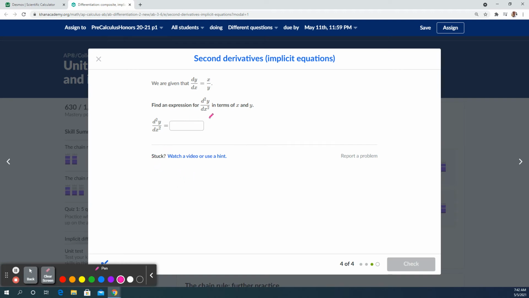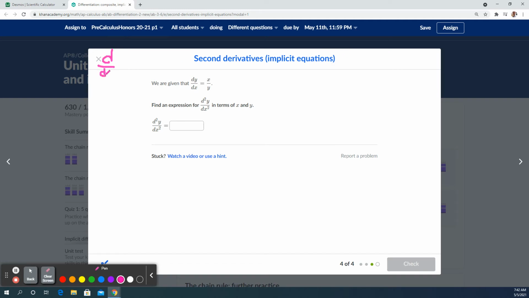Find an expression for d2y/dx2 in terms of x and y. All right, so let's go ahead and apply what we can here. It looks like we have a quotient rule going on, so it's always good to remind ourselves.